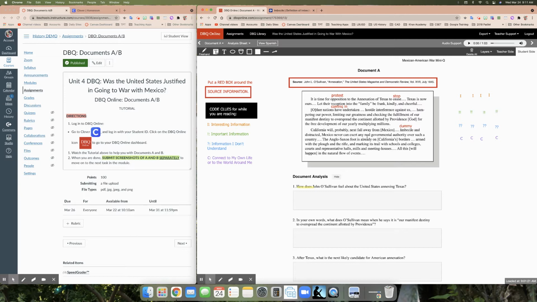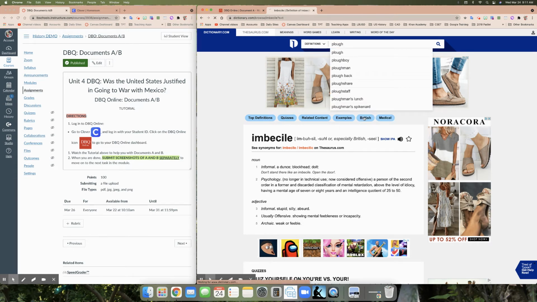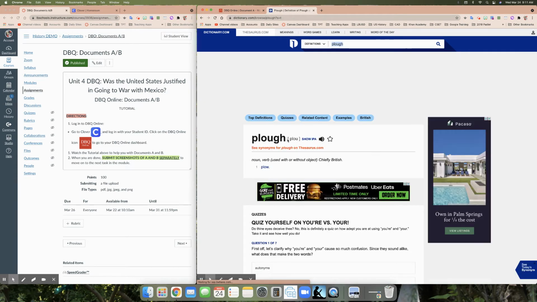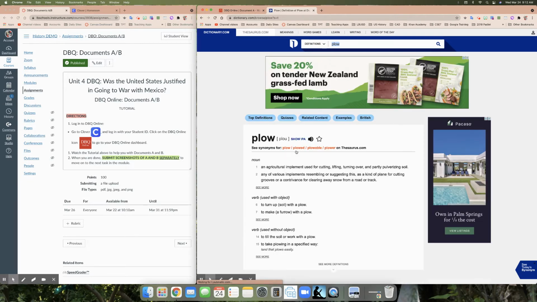We're armed with the plow and the rifle. What's a plow? Let's look that up. Okay, so that's the British version. Tell me what a plow is in the English version. An agricultural implement used for cutting, lifting, turning, and partially pulverizing soil.